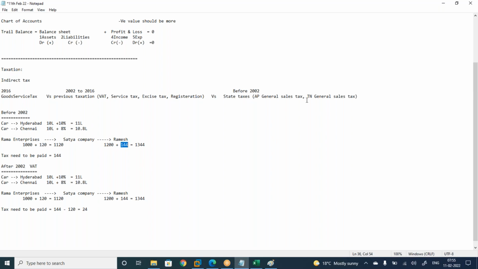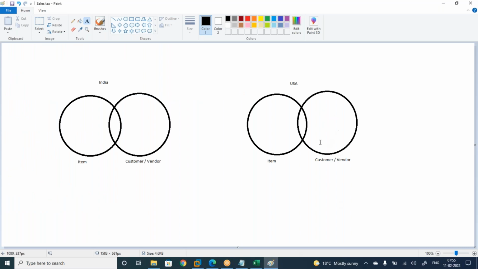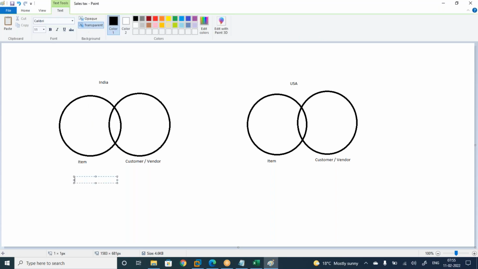So based on the place means, where the customer or vendor is located, based on that the tax will be calculated. Whereas in India, it is item based tax.